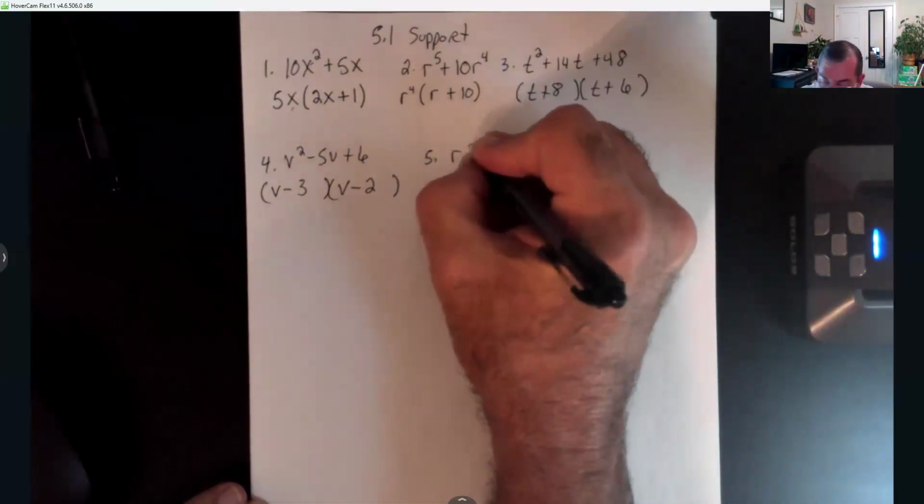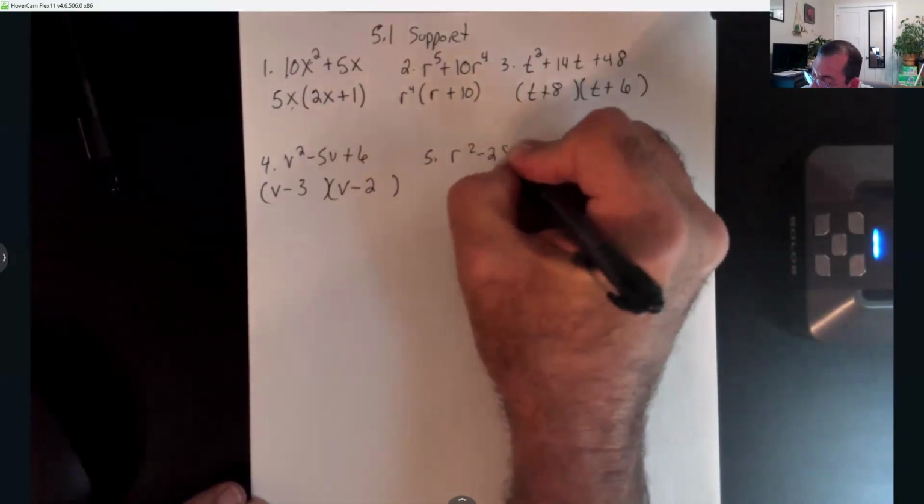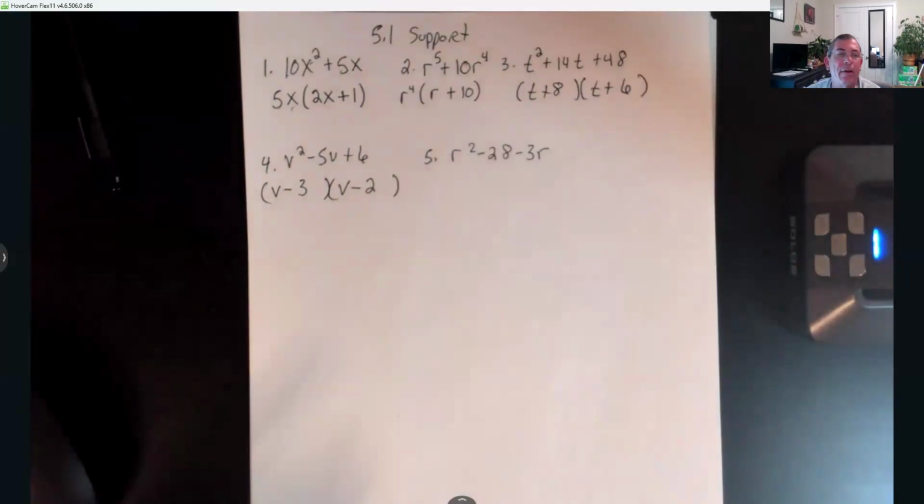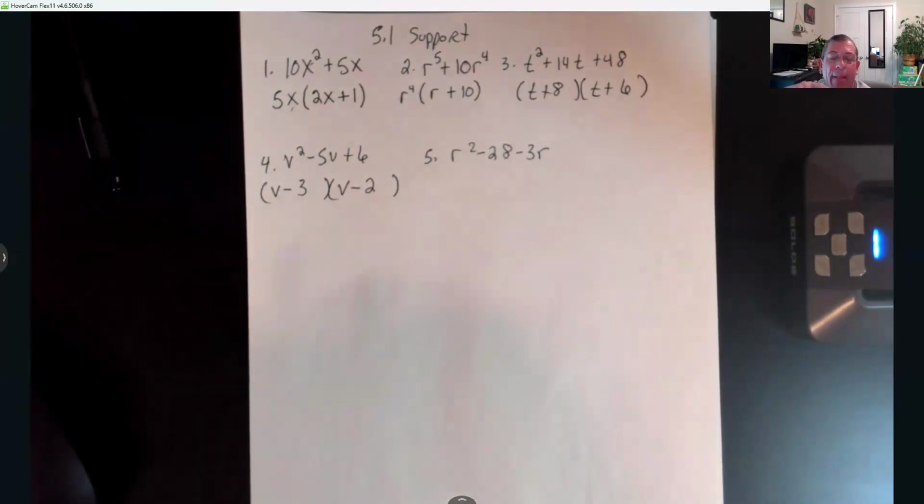All right, y'all, r squared minus 28 minus 3r. So tell me the first thing y'all would do to that one. The first thing I would do to this problem, I'm probably even going to do this before I put my parentheses down, okay?